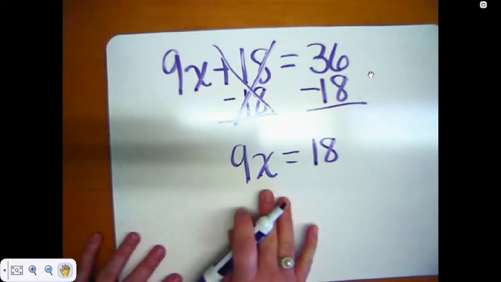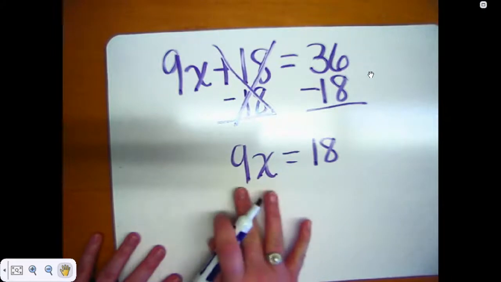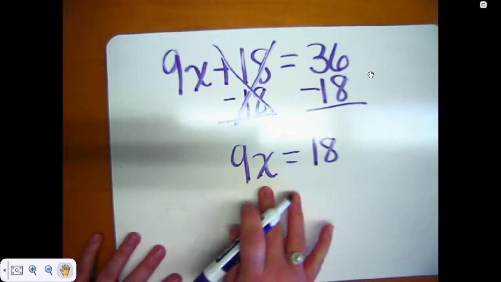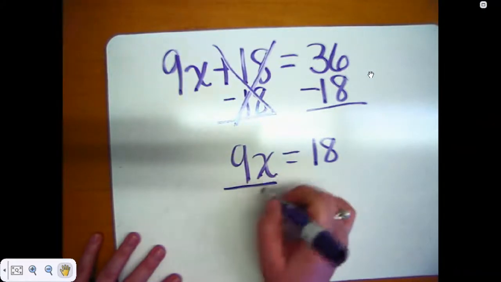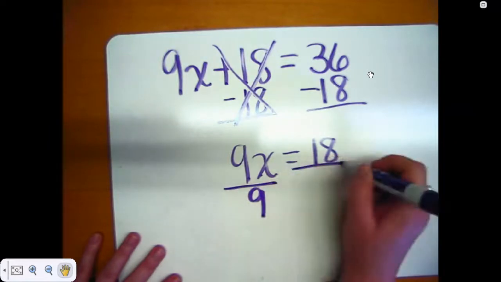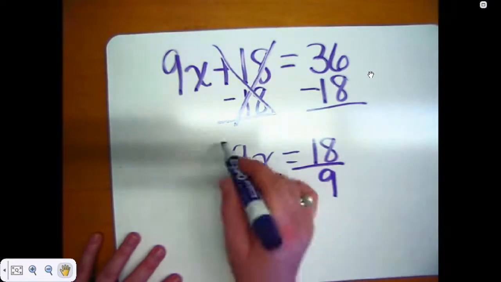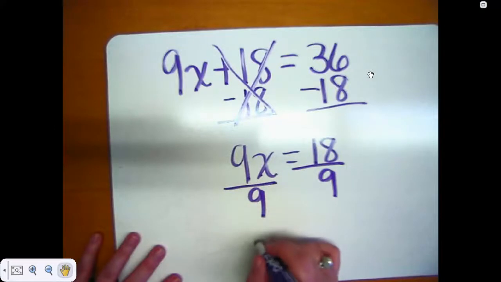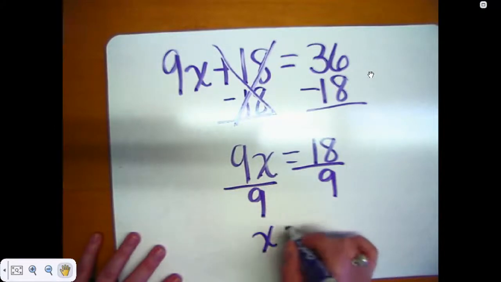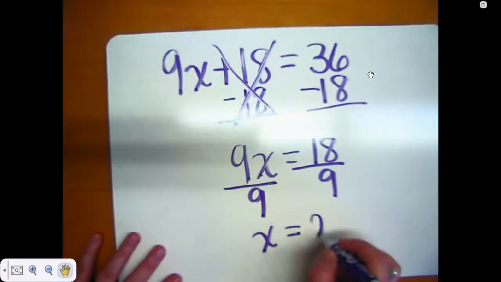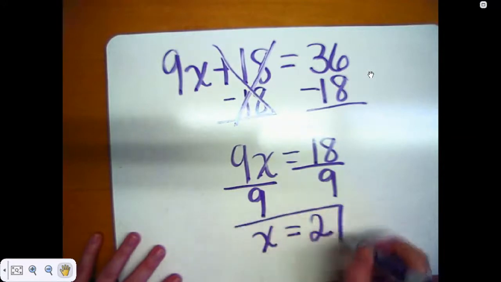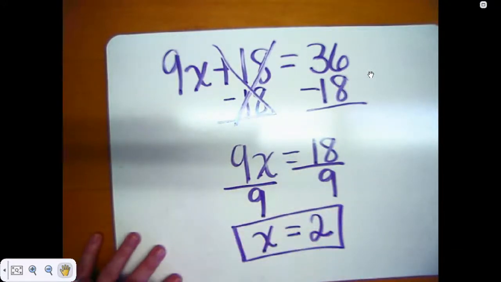Now I still need to get my variable by itself, so I'm going to do the opposite. It's being multiplied, so I'm going to divide by 9, and I have to do both sides. So 9x divided by 9 is equal to 1x, and 18 divided by 9 is 2. And that is my answer.